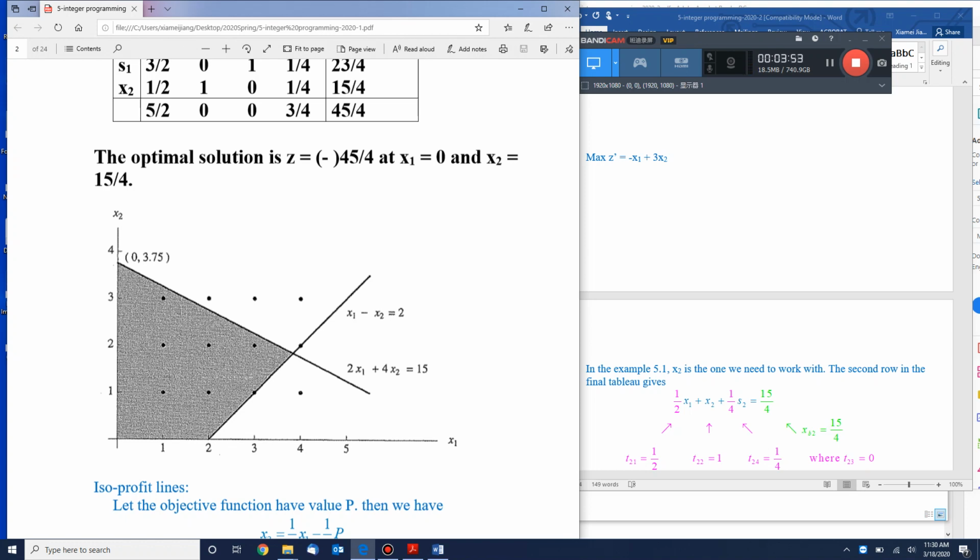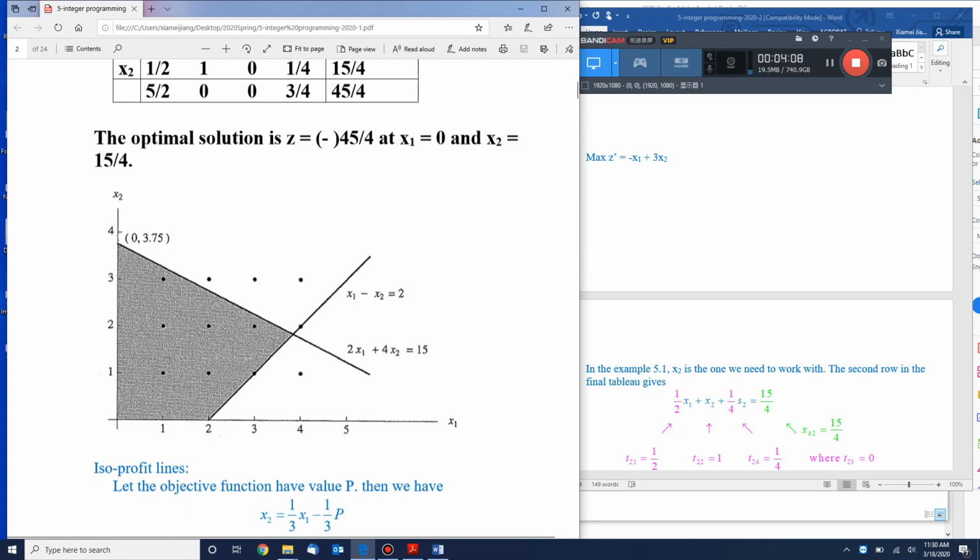Of course, you can evaluate all the points in this problem, but if we have a large feasible region or an unbounded feasible region, you don't want to do it, right? So here we are going to use a graphic solution to work it out.